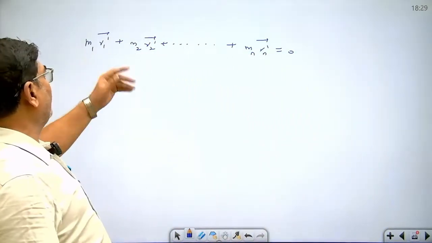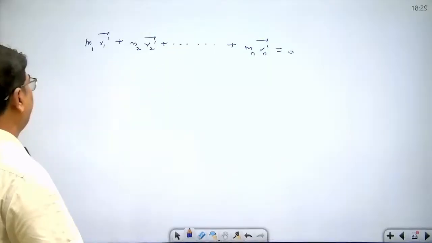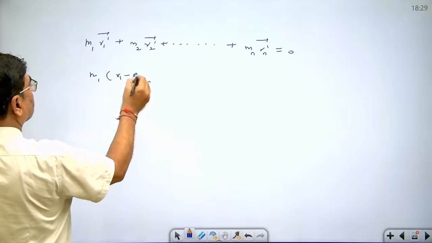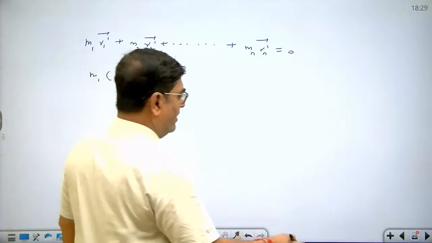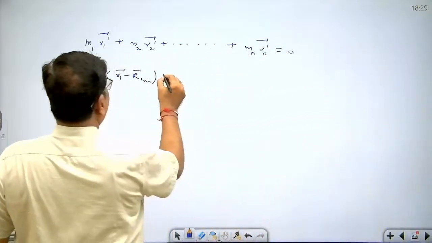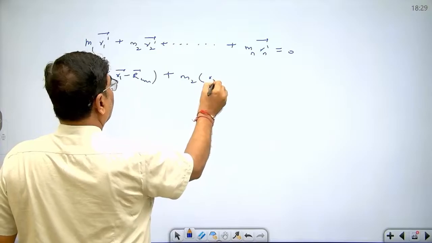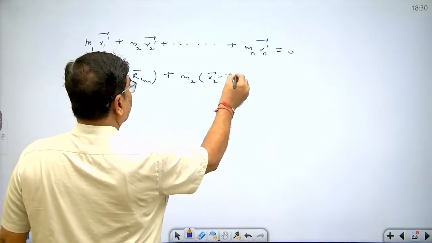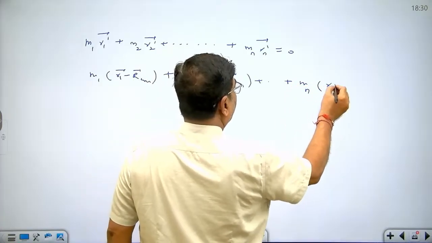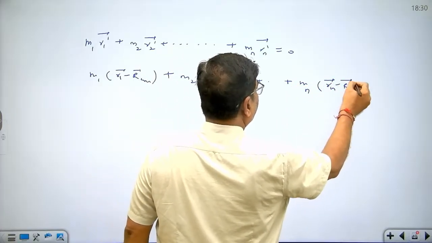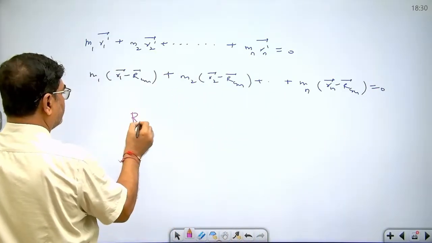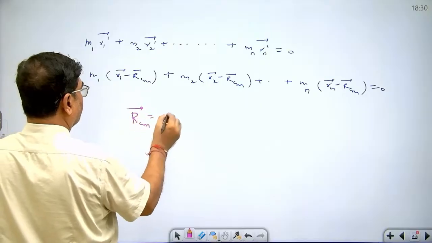Now we are substituting the value of R1 dash, R2 dash, and Rn dash vector. So dear student, this is M1 times R1 minus RCM, as we have calculated earlier. In a very similar way, this is M2 times R2 minus RCM vector plus dot dot plus Mn times Rn minus RCM vector equal to 0. If we solve this equation, we will find RCM vector equal to what?